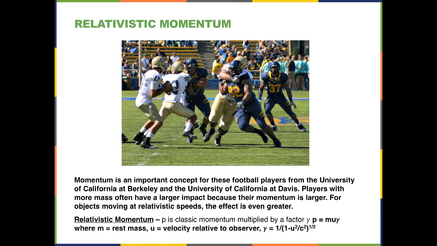But now it has to be corrected with a gamma factor, which we've seen before, and gamma is equal to 1 over the square root of 1 minus u squared over c squared. And that corrects for the effect of relativity.